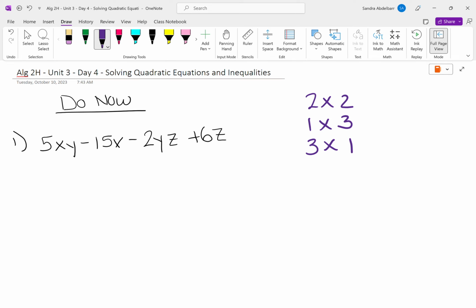How do I know this is not a 1 by 3 or a 3 by 1? Haley. There's no squared, right? There's nothing squared. So how can something be a perfect square trinomial if there's nothing squared? So right off the bat, I know these options are out.